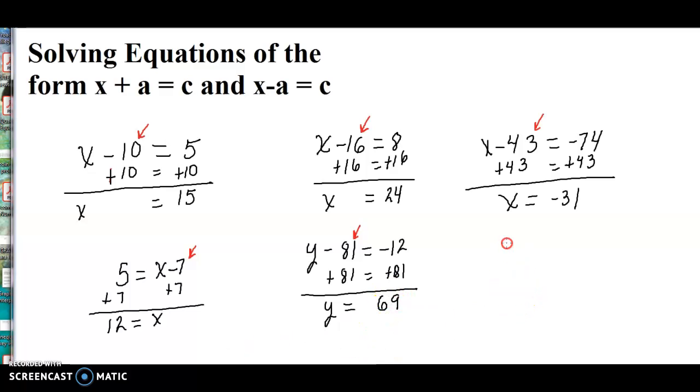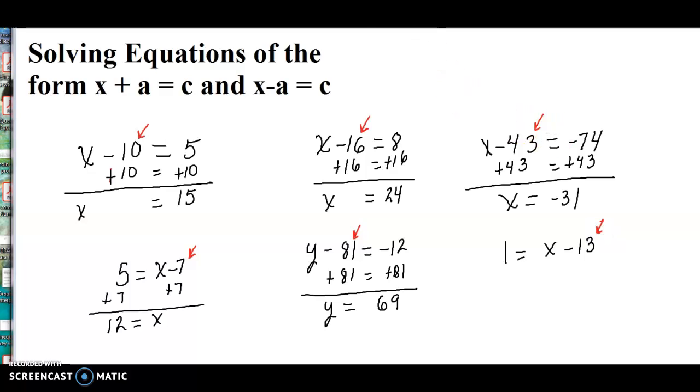And our last problem is 1 is equal to x minus 13. I need to get rid of the 13 here.